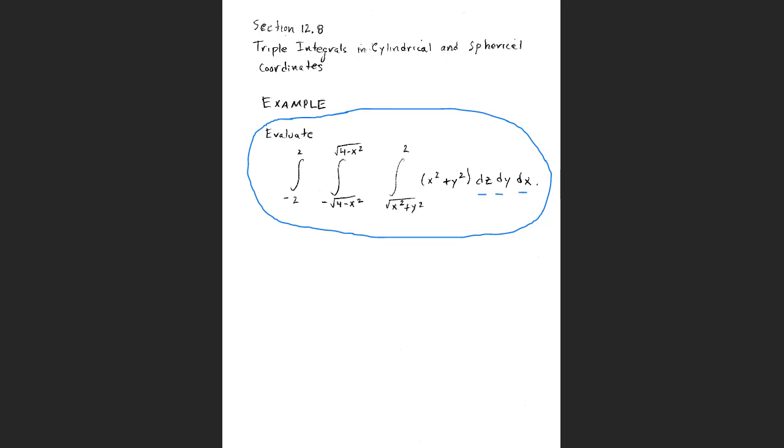By the way, this is the square root of x squared plus y squared, the whole thing. Do you think that rectangular coordinates is the best choice for integration here?